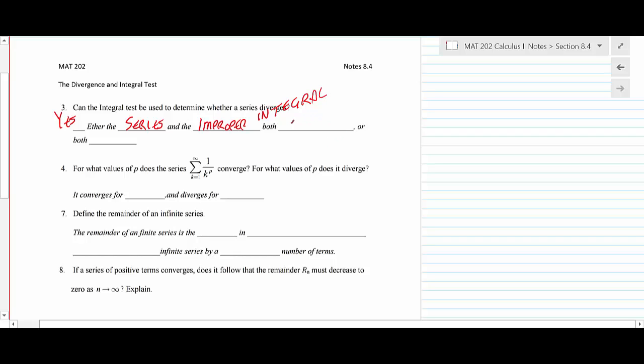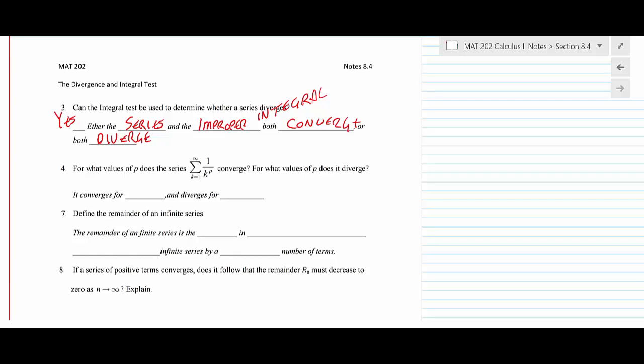So they both converge or they both diverge. That's the integral test. Generally, you're going to utilize that if the function is something that's pretty easy to integrate. If it's a difficult thing to integrate, then you do some other kind of test.